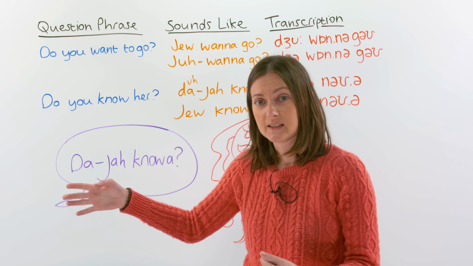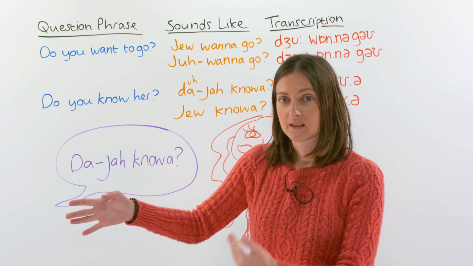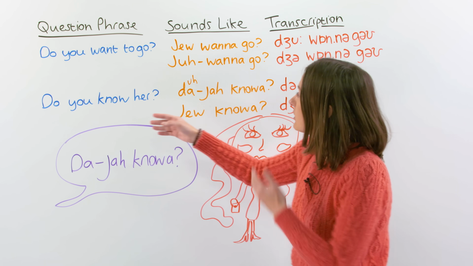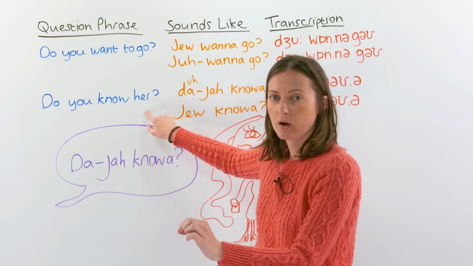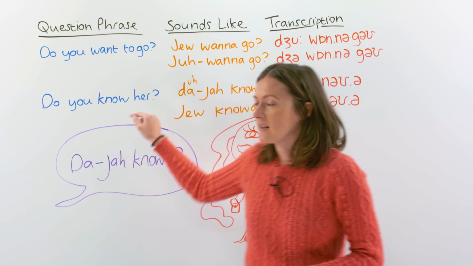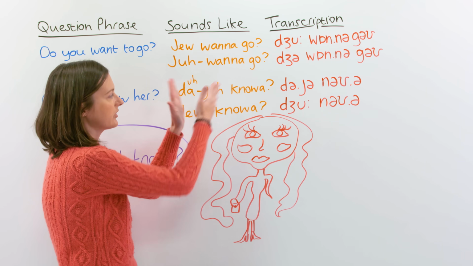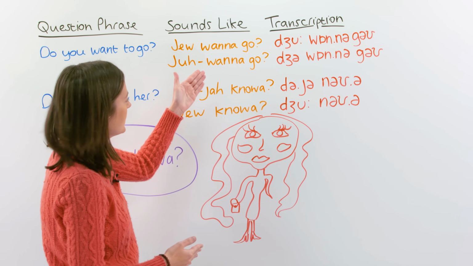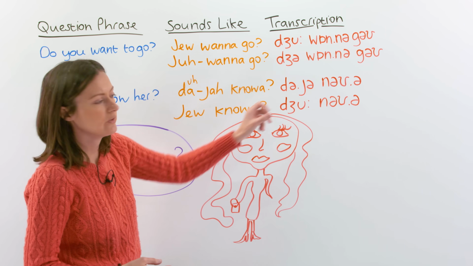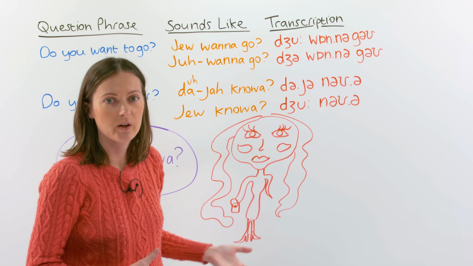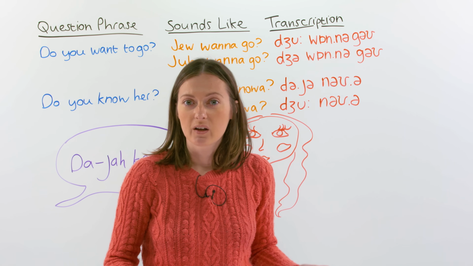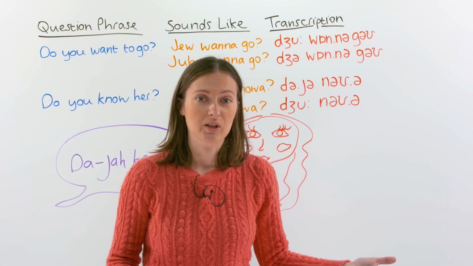One person says this way, another person says something different, which is why we can take one sentence, do you know her, and we get something completely different. One says this with 4 syllables and the other says with 3 syllables. So this explains also why native speakers are so hard to understand sometimes.